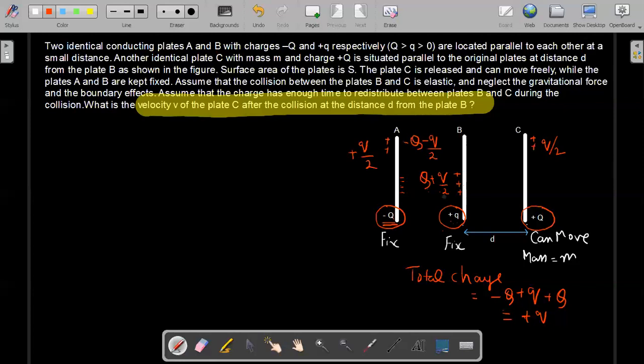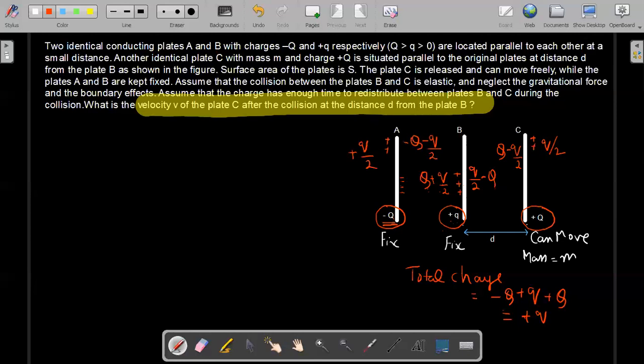So subtracting the left side charge from the total charge, I get q by 2 minus capital Q on the right side. Now opposite to this surface, the left side of plate C must have the opposite charge, which will be capital Q minus small q by 2. So this is the charge distribution in the initial state before the collision.